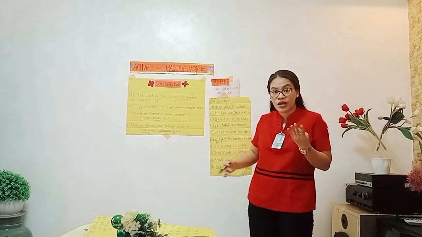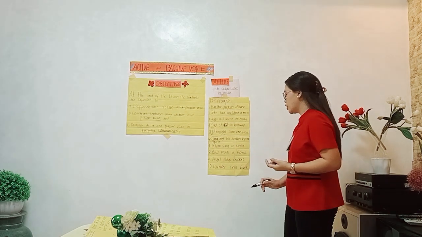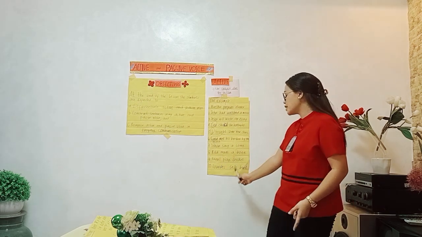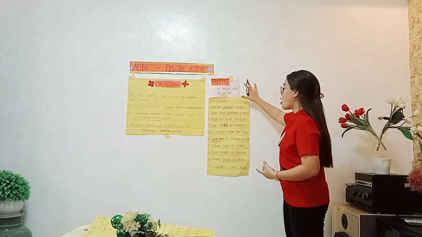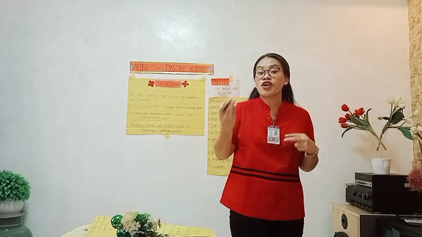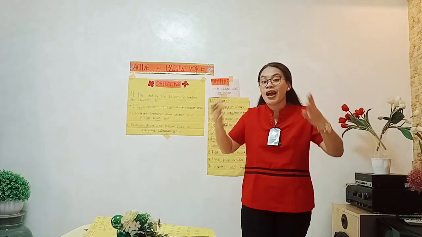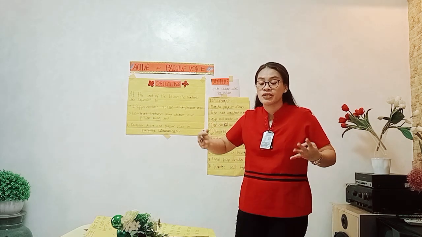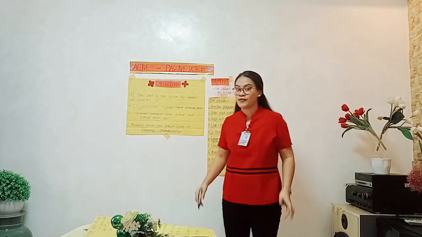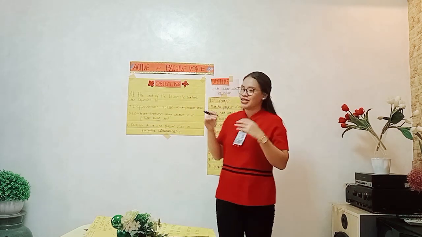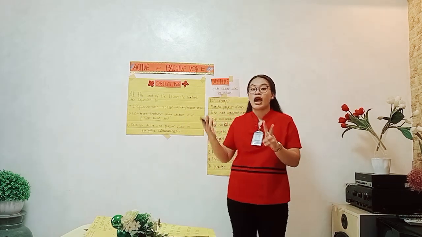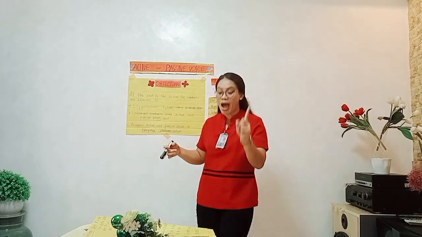Who sang a song? Johan. Rita reads a book. Angel plays cricket. Lourdes sells a book. These are the examples of active voice. Again, to really understand active voice, you need to identify first the subject, the verb, and the object. Alright, let us proceed to the second type of voice, which is passive.